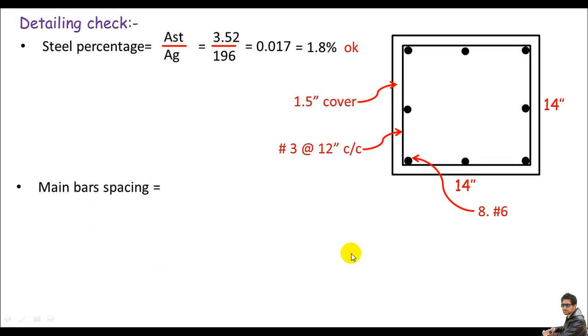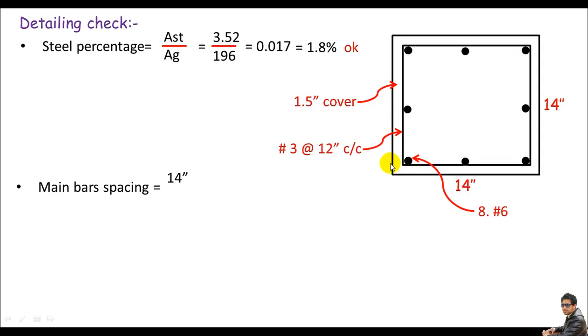All right. And the next thing I want to check is the main bar spacing. According to ACI 318, the maximum spacing is just 6 inches. It must be equal to 6 inches or less than 6 inches. So I'll say the one side is 14 inches.